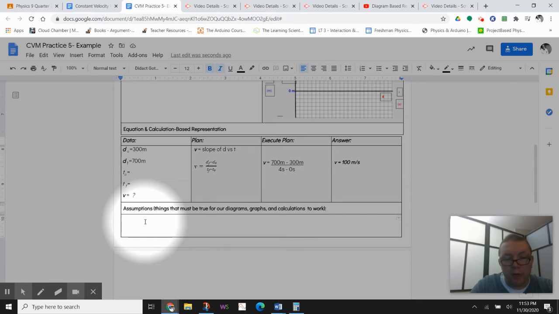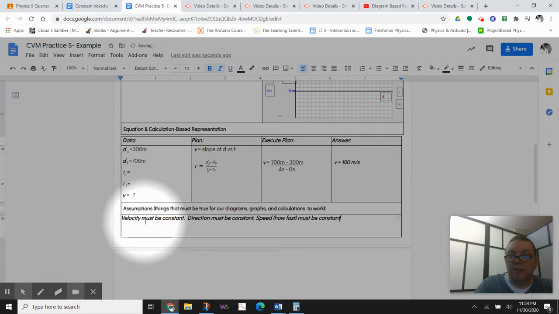One way to talk about it is to just say flat out, the velocity must be constant. What that means in a variety of ways is that the direction must be constant, and the speed, or the how fast part, must be constant.